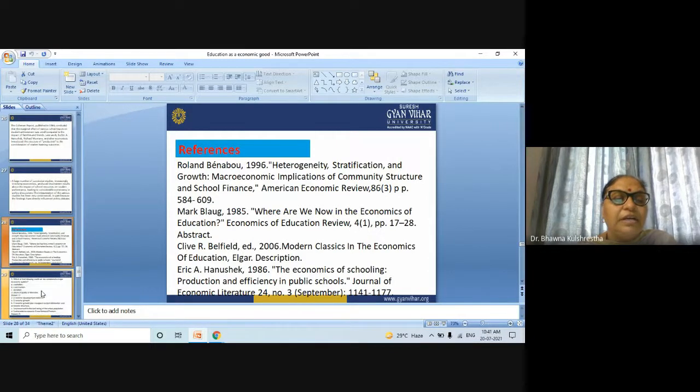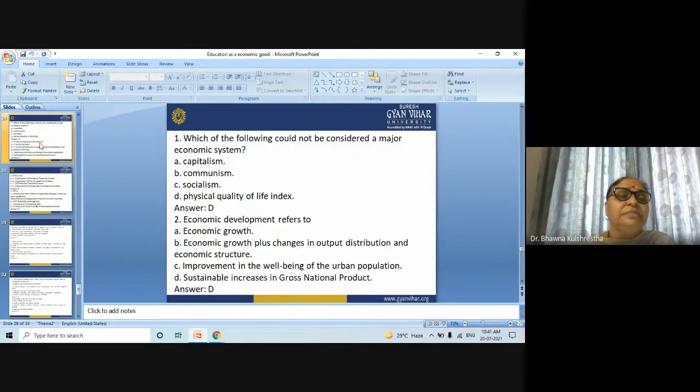And at the end of this topic, there are some multiple choice questions. The first question is: which of the following could not be considered a major economic system?